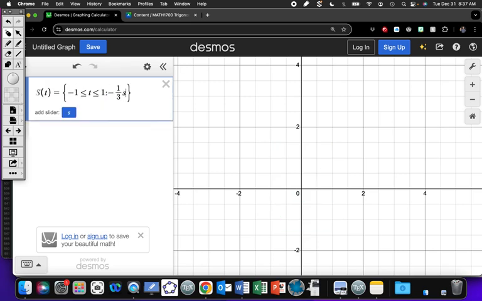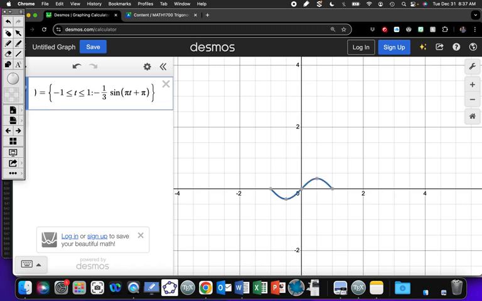-1/3 sine of pi t plus pi minus 5/3. So there it is. We can do a quick check there. -1/2, -2 1/2, that's the decimal equivalent of -4/3.